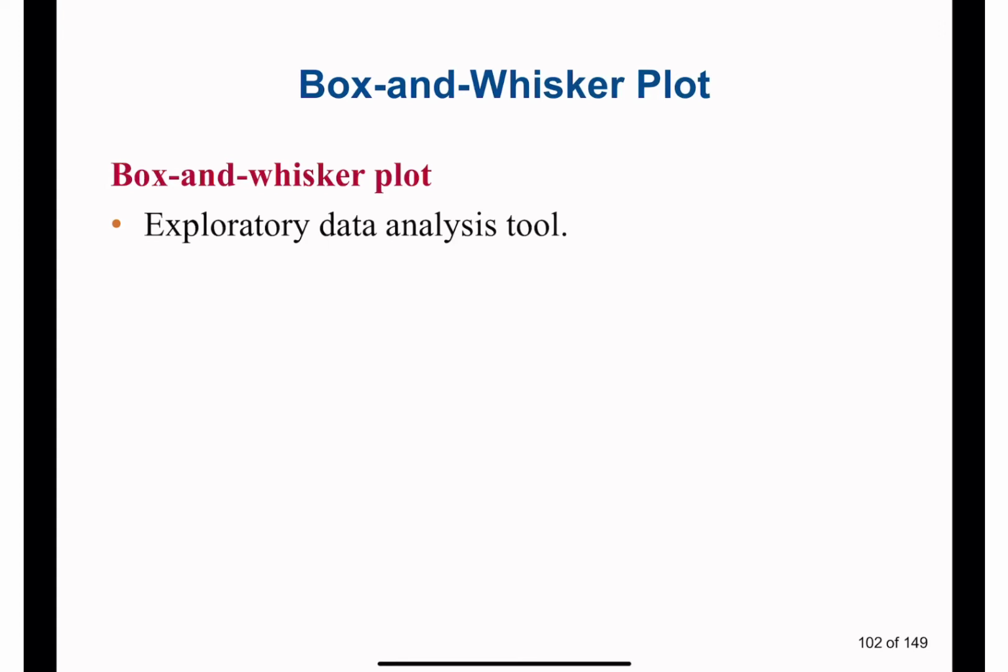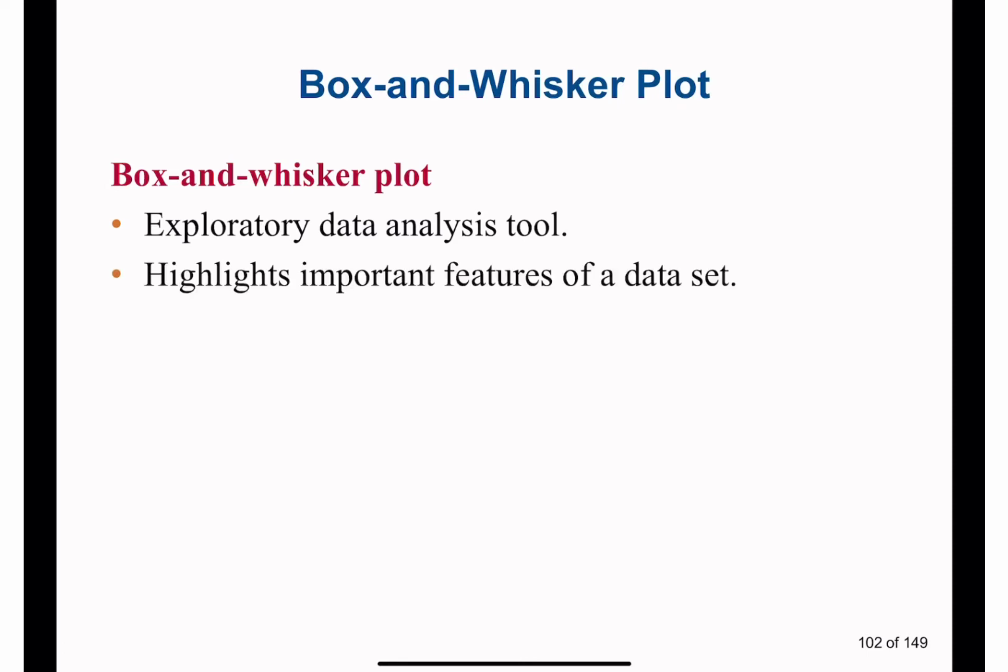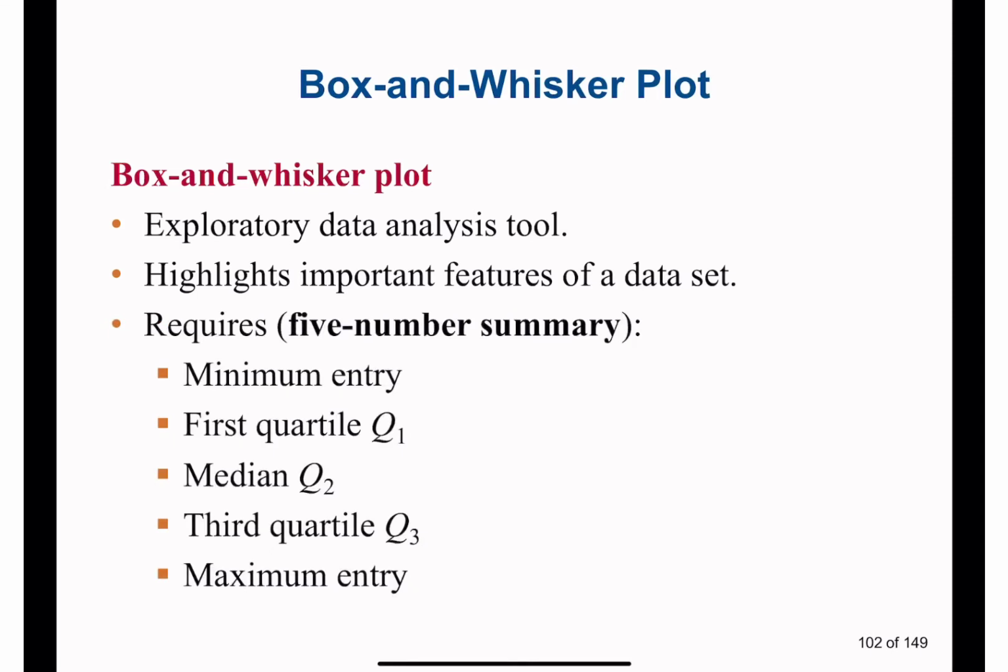So now let's explore a data analysis tool, the box and whisker plot. So how many elements do we need for a box and whisker plot? We will need 5 elements: minimum, maximum, and all 3 quartiles.